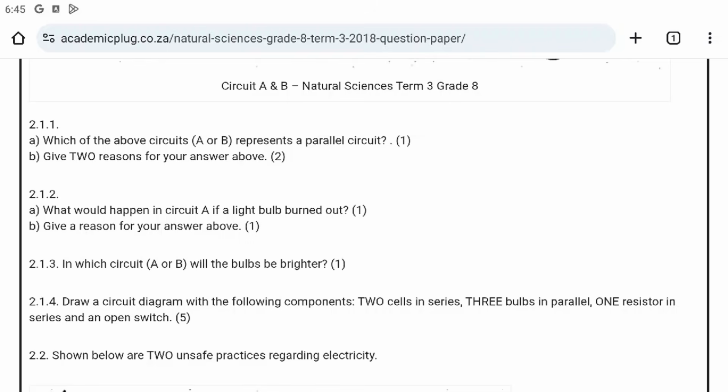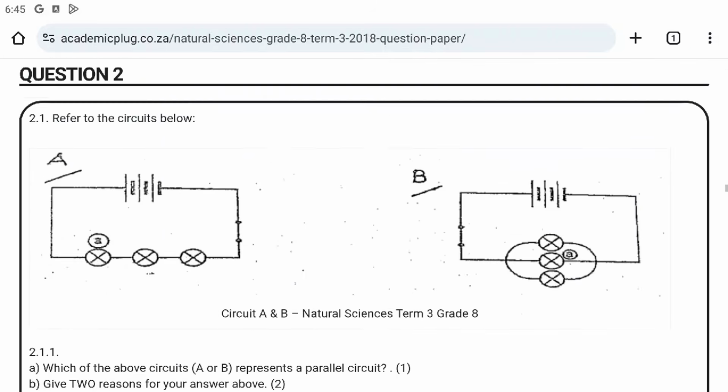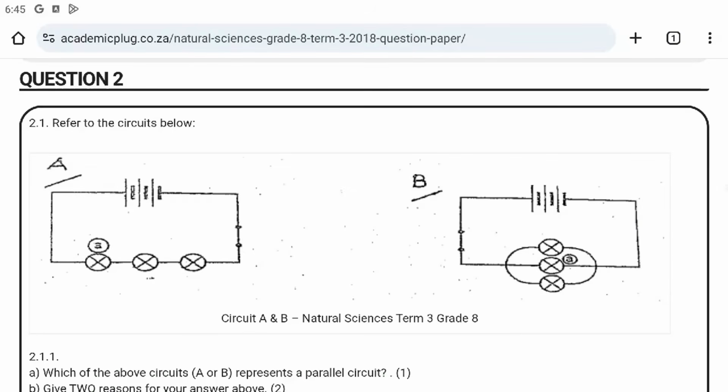Okay, so we are on 2.1.3. In which circuit, A or B, will the bulbs be brighter? A or B?